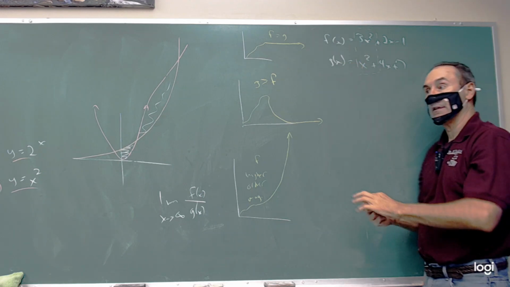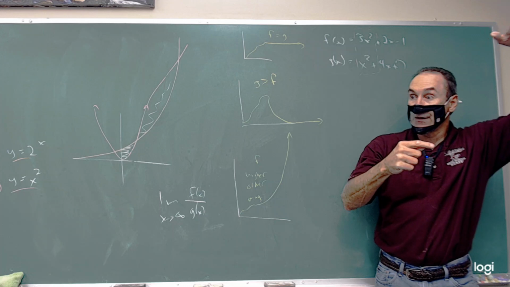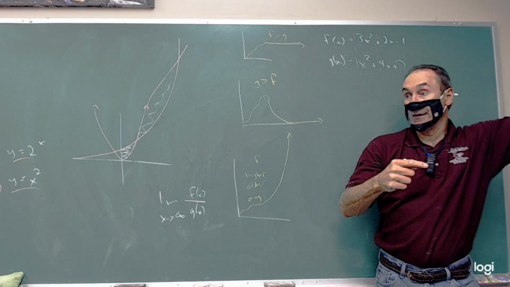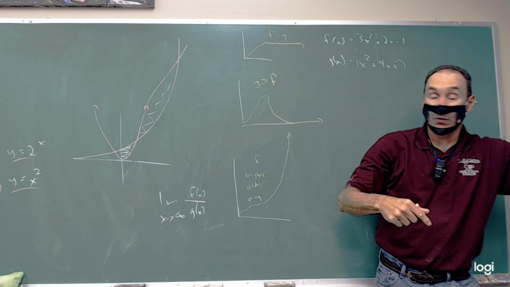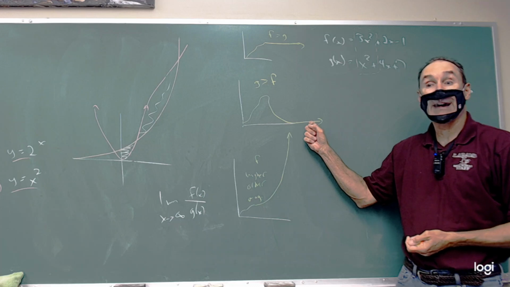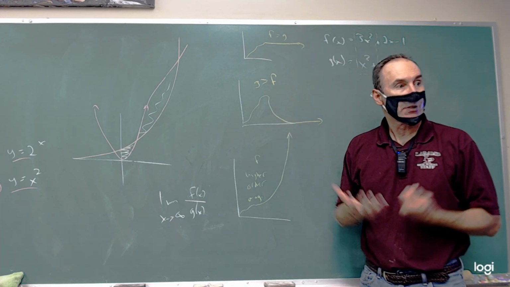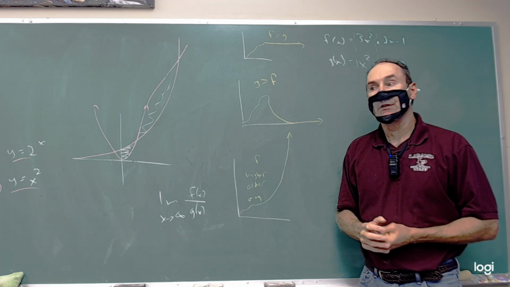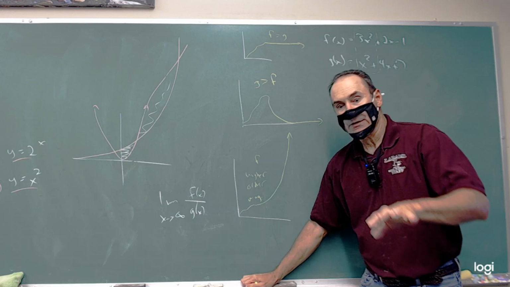If you have f over g, it'll level off at 3. And if you have g over f, it would level off at 1/3. Does that make sense? But you can get a horizontal asymptote, not 0. If it goes to 0, that means the denominator function is crushing the numerator function. Okay? All right. So that gets us through the front page.